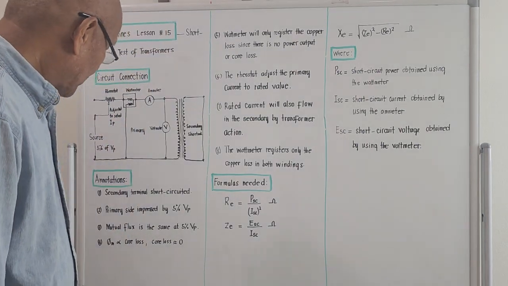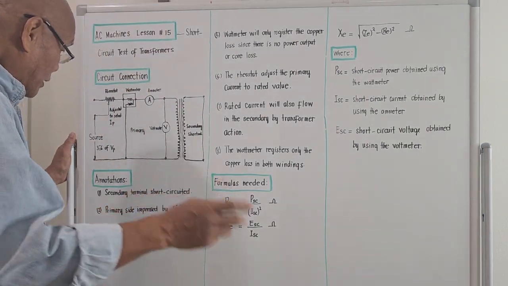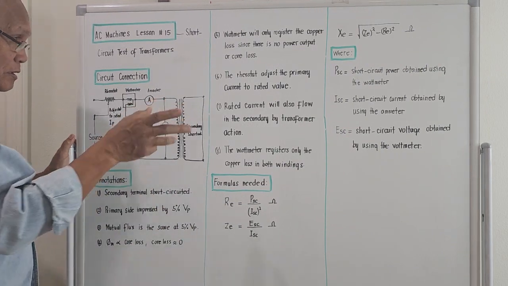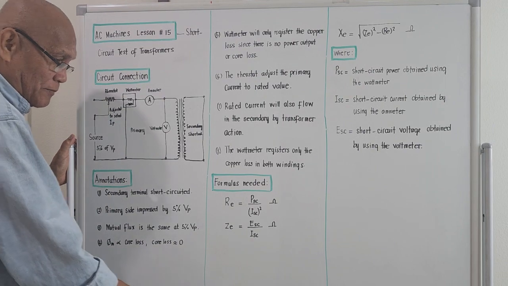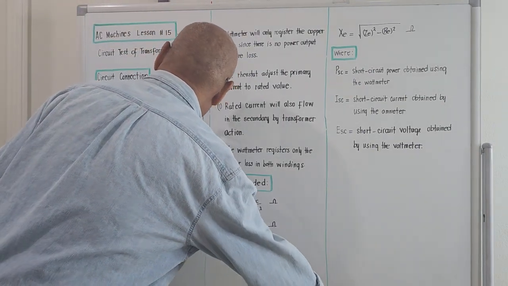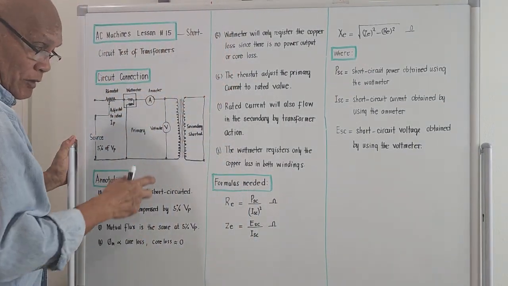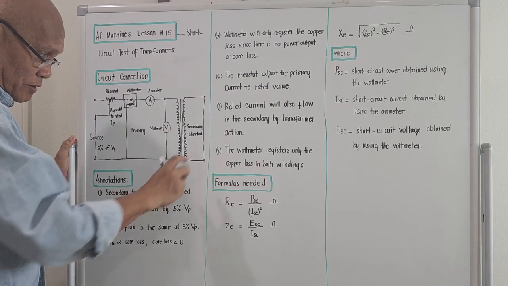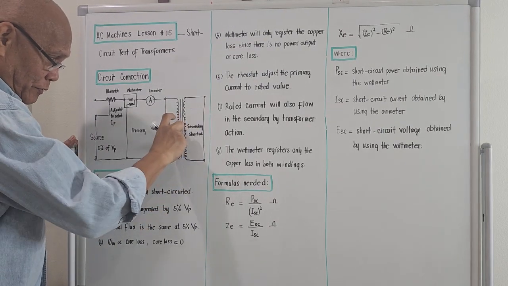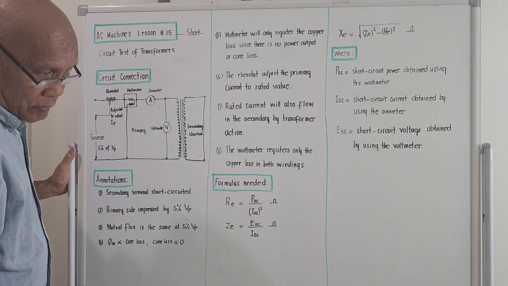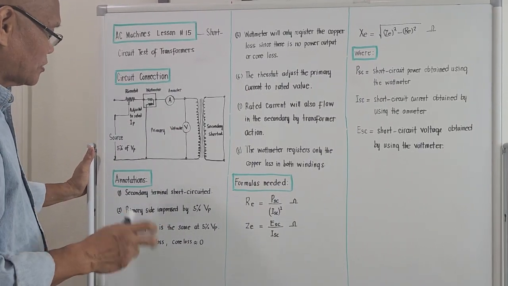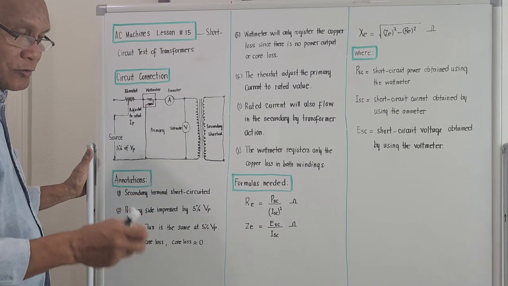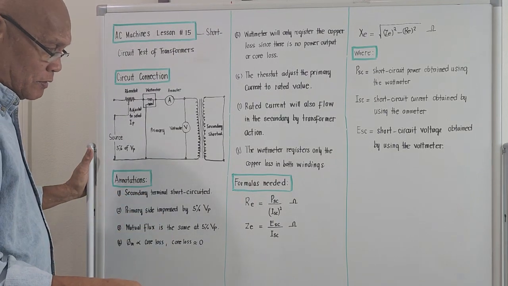Okay, let's proceed. The circuit diagram for a short circuit test connection will be this. We are just given a single phase transformer. This is the secondary side. This is the primary side. Look at it very clearly because these are the proper connections on how to determine the copper loss.